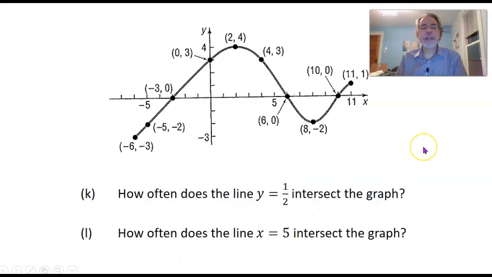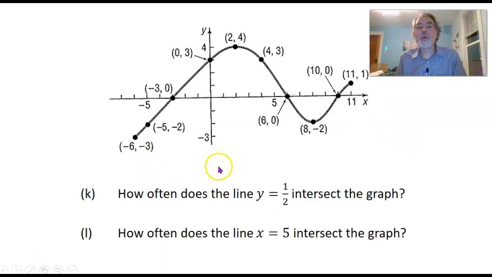How often does the line y equals 1/2 intersect this graph? So, first of all, picture what that line would look like. If you actually have this graph in front of you printed out, try drawing that line. Remember, when you have y equal to a constant, just some particular number, the graph is a line that goes right straight across, a horizontal line.